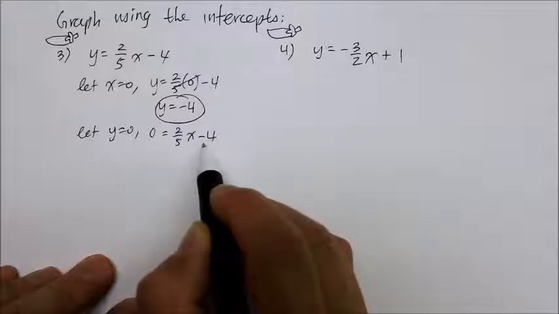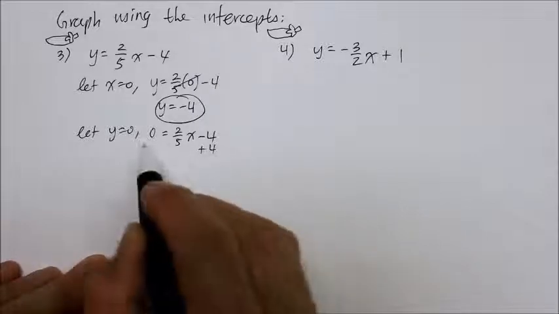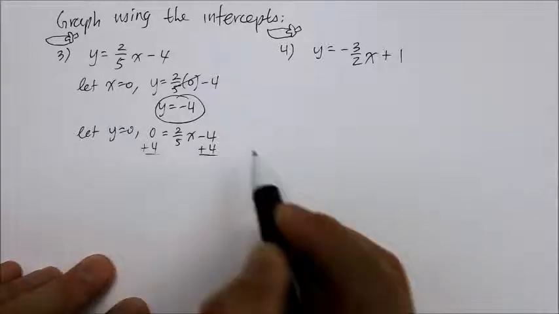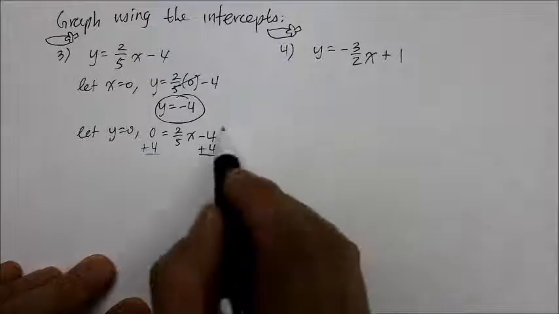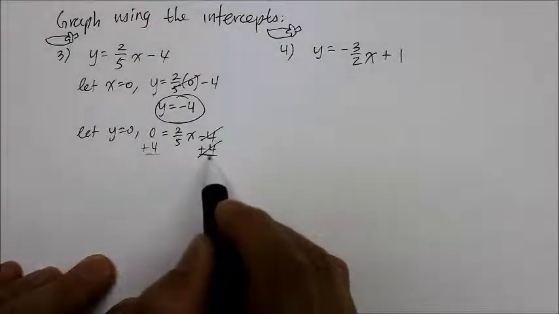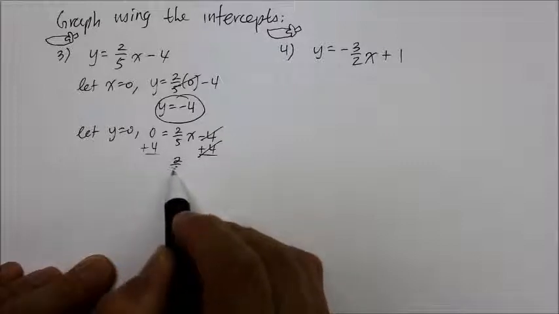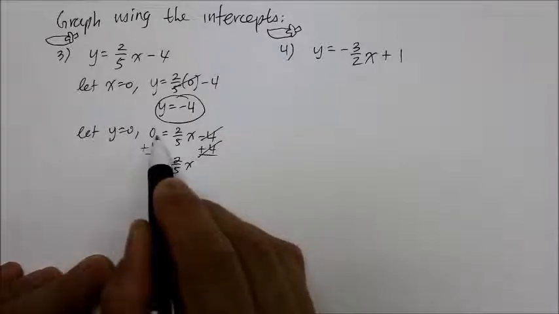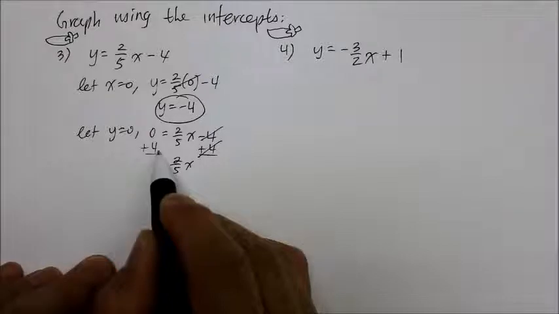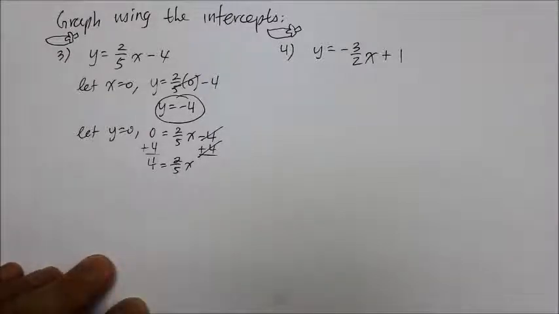You have to get rid of the -4. What's the inverse of -4? It's +4 to both sides of the equation. So -4 and +4 are additive inverses. It cancels out. It becomes a 0. So you have 2/5 x is equal to nothing in the bank. You put in $4. Your bank balance is now $4.